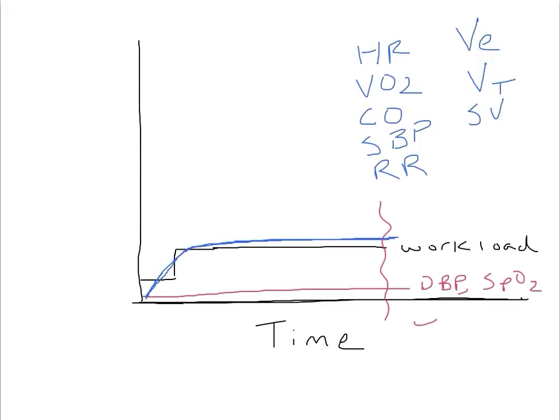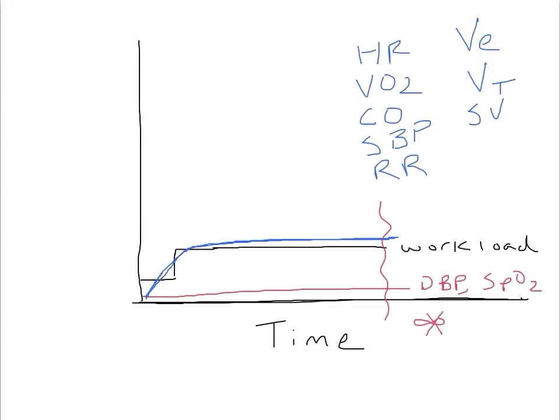Now, obviously, we are not talking about infinite time. People can usually reach a sustainable steady state workload and maintain that with little change in the variables for close to an hour if they are properly hydrated and have proper nutrients prior to the hour.